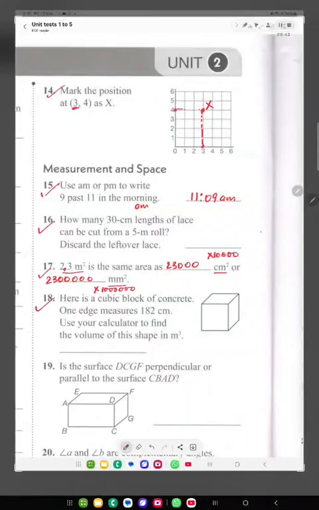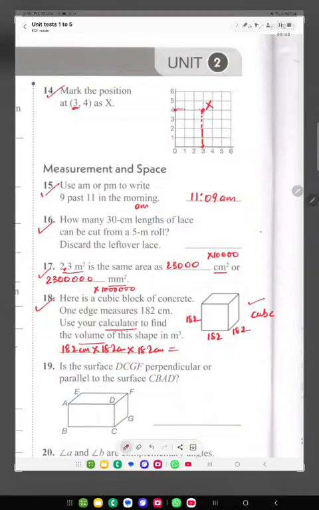So they're saying here is a cubic block. So this is the block of concrete. One edge is 182. They're saying use a calculator to find the volume. So for the volume of a cube, each side has to be 182, for it is a cube. And to do the volume, you just do 182 centimeters times 182 centimeters times 182 centimeters. Just use your calculator and you'll get your answer.